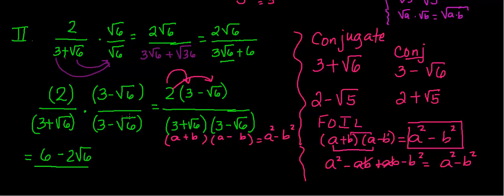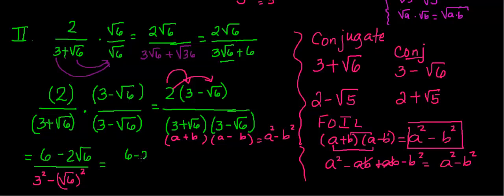So my first number squared here, in this case, is 3 squared, minus that second number squared, which is square root of 6 squared. Okay?